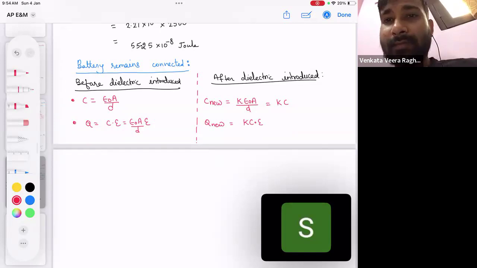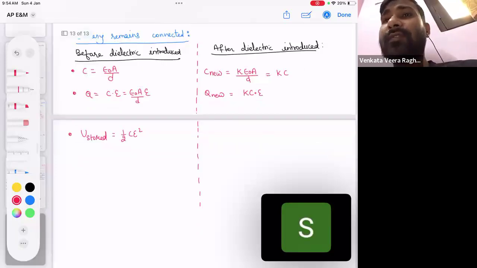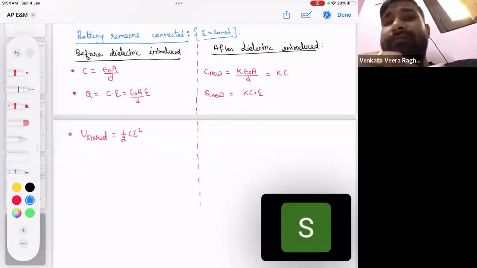Next thing, energy stored. What is energy stored? Should I use half CE square? Please tell me. Do you know why I'm using half CE square? Because as the battery is still connected, the potential difference is constant in this question.